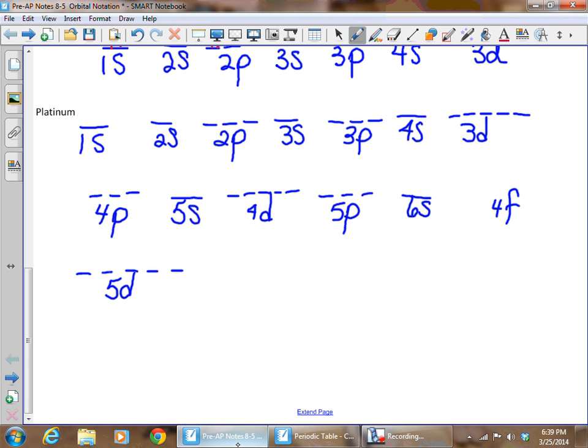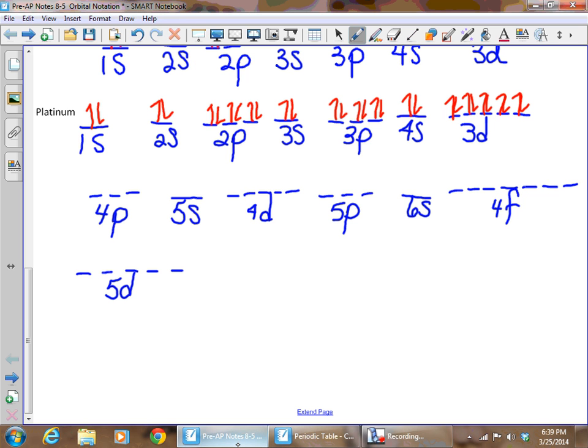And that F, for the first time we do an F, and it gets 7. All of those orbitals get filled up until we get to the 5D. So now we start writing a bunch of electrons. You might practice when you get to a sublevel that has more than one orbital of making sure you put those in one at a time and then going back and doubling up. That'll prevent you from making mistakes at the end.